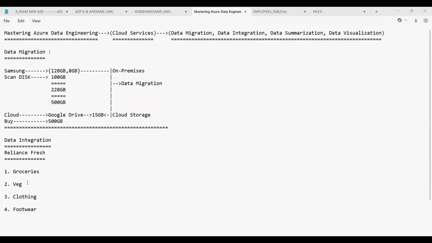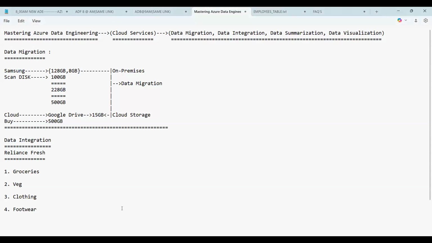Clothing, they're not into this. Of course they have their own Reliance clothing brand, but they don't actually manufacture that either. They get the products from external sources only. Footwear also they don't manufacture, but the things are available.